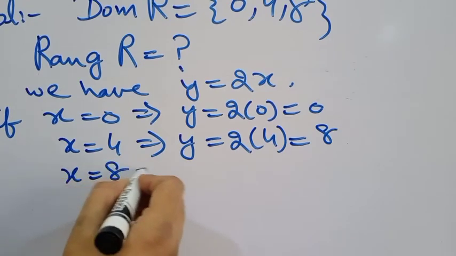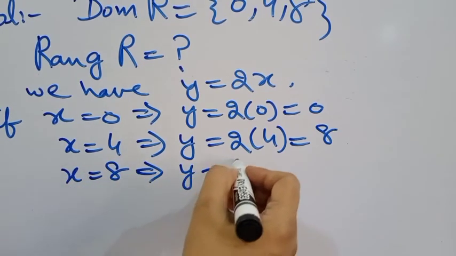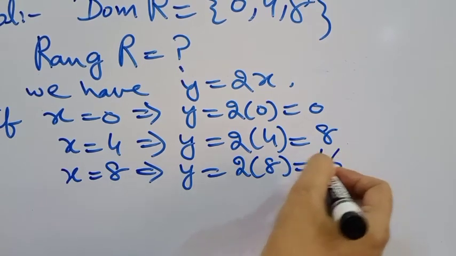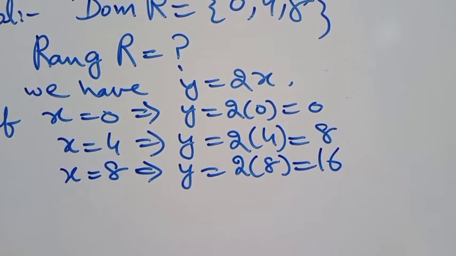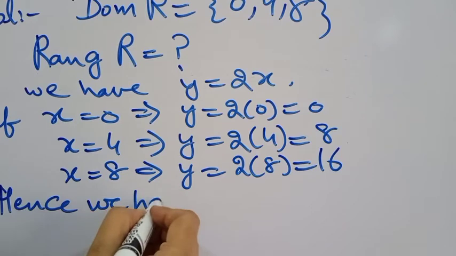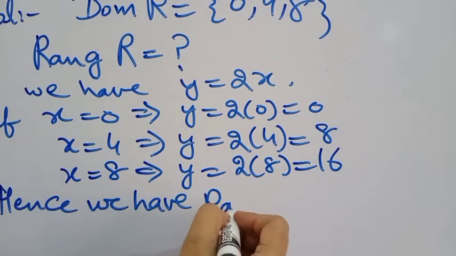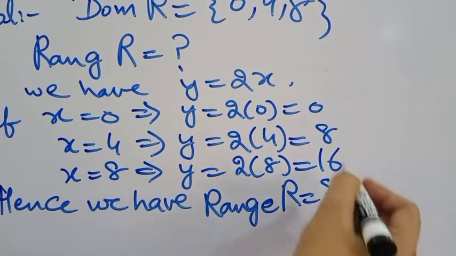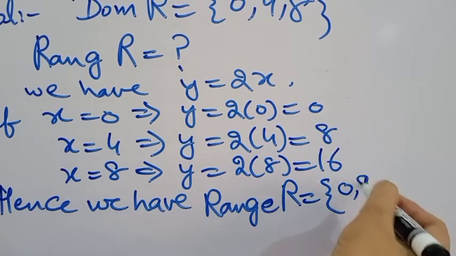Next we have 8: y is equal to 2 into 8, 8 2s are 16. Hence the range of R is equal to the set of all these elements.